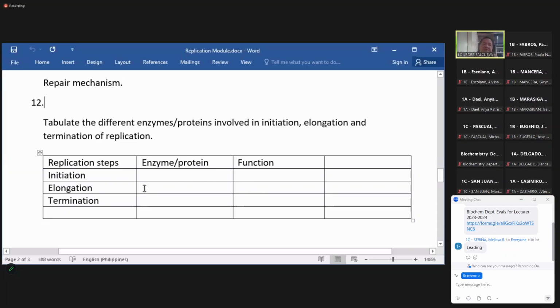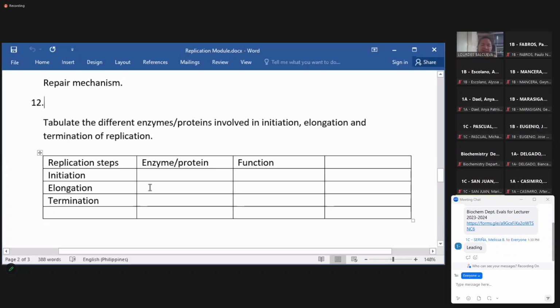Other enzymes, other proteins? Ligase po. Ligase, okay. Ano pa? Aside from the enzymes, what is needed? Aside from the polymerases, what is needed?